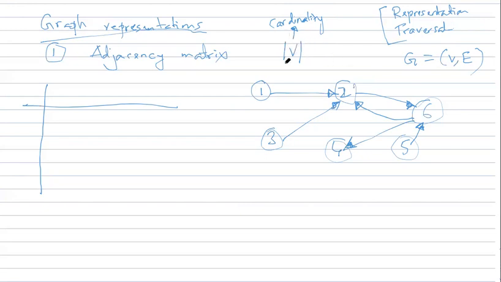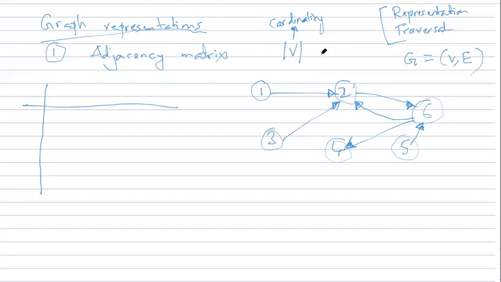So when we put an absolute value sign around V, in the graph theoretical domain, this is essentially cardinality, or the number of vertices.